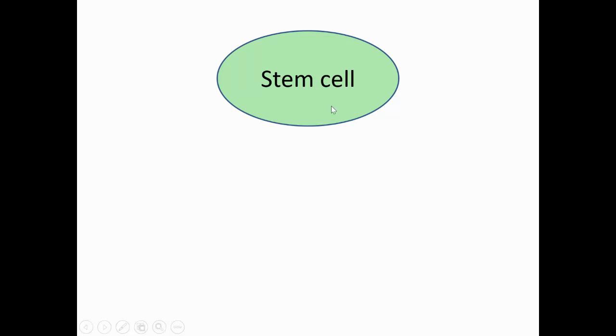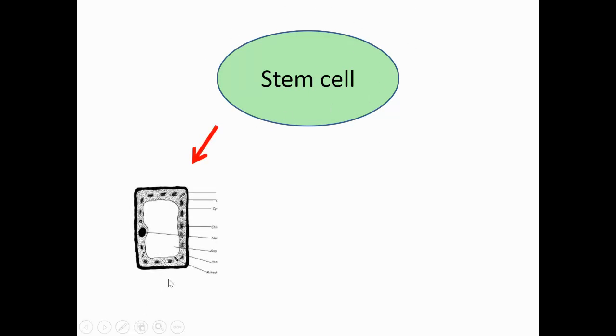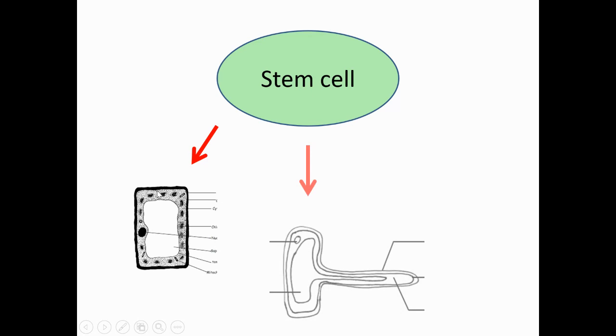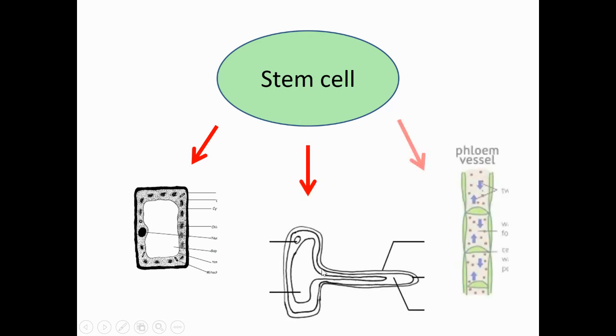So you've got a stem cell, and it could turn into maybe a palisade cell in the leaf. It could turn into a specialised root hair cell, or maybe even a phloem vessel cell, which allows for transport. It could turn into any type of cell in the plant. This is where growth happens, in the meristems. We'll go into more detail about transport through the plant and more detail into root hair cells today.